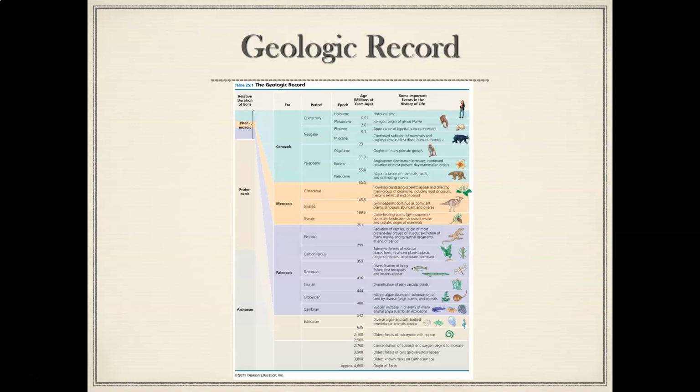So here is the table out of your textbook. You guys are going to be using this for a project coming up that I'll explain a little more later, but what we're looking at are all of these major breakpoints. But if you look overarchingly, here are the eons, okay?